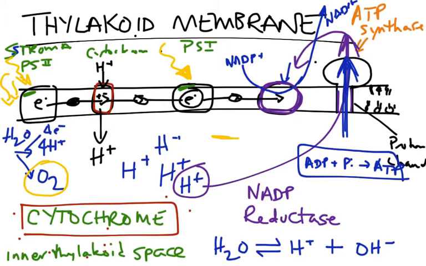It opens up the active site so another ADP and inorganic phosphate can come in, and you can make ATP. And ATP is the energy of life. If you want energy, you must create ATP. And that's why cell respiration makes so much of it. Here we've made ATP. We've also made NADPH. And we also made oxygen. That in a nutshell is the light reactions.